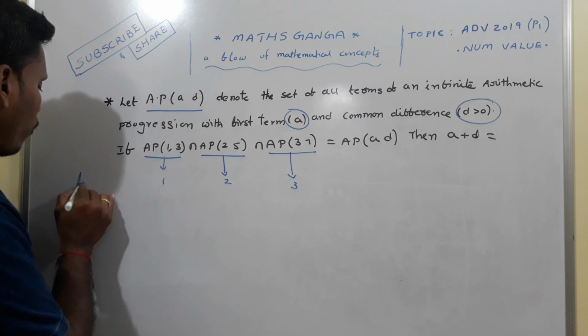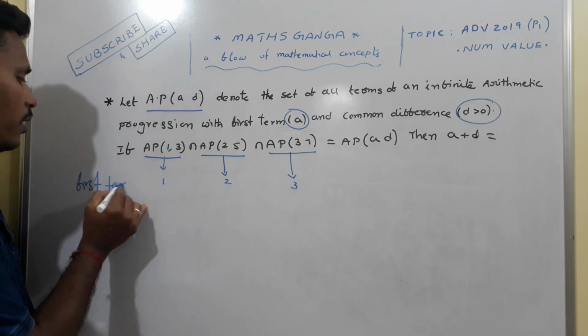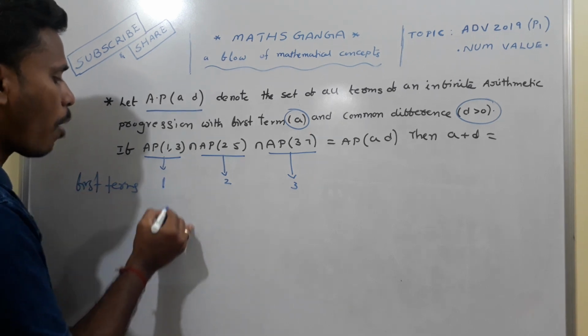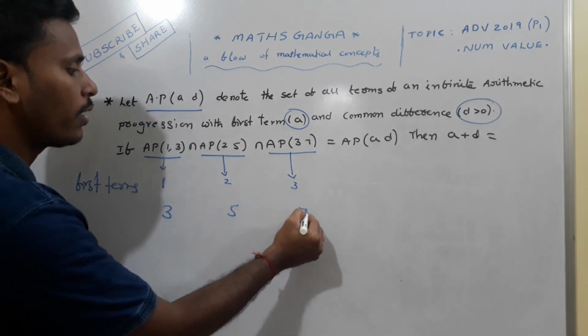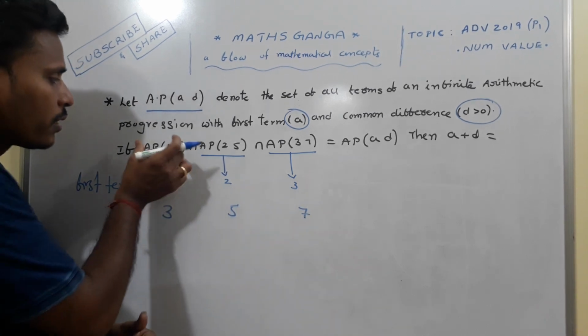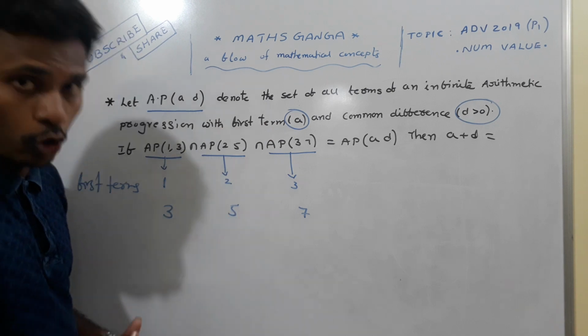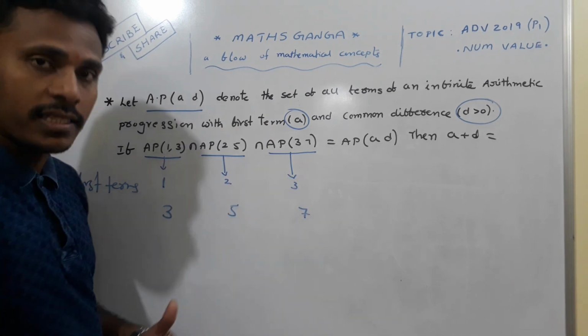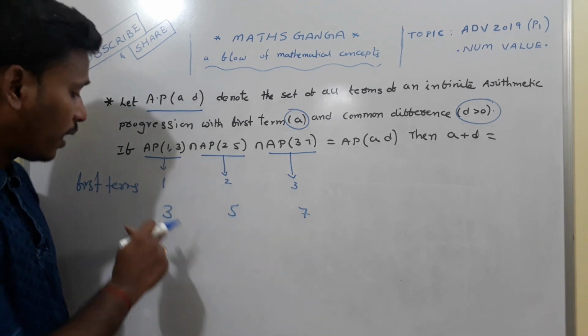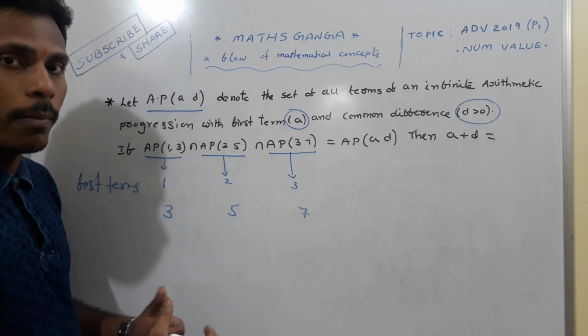These are the first terms, and the common differences are 3 here, 5 here and 7 here. These are the three sets containing the terms of arithmetic progressions with 1, 2, 3 as the first terms and 3, 5, 7 as the common differences.